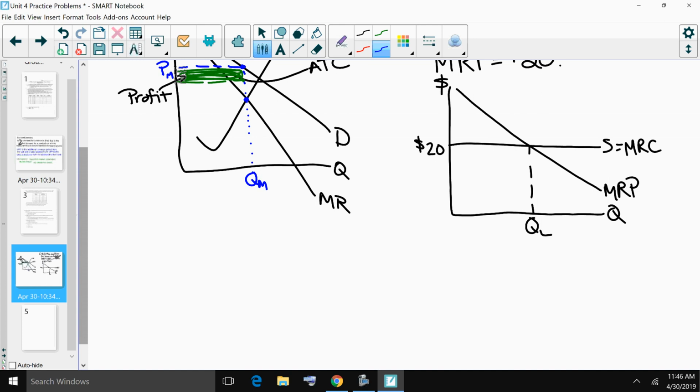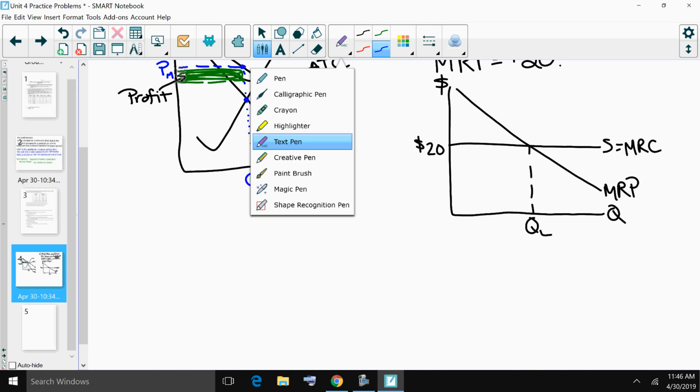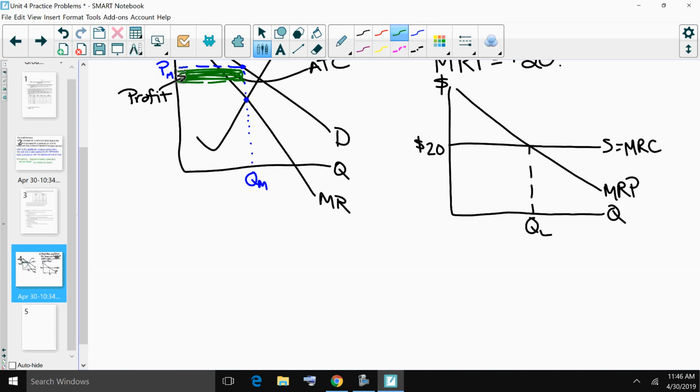So if our wage rates fall from $20, I'm going to graph it in purple. Why not? Okay, so our wage rate's going to fall to $15 an hour. So drop our wage rate to 15. Here it is.